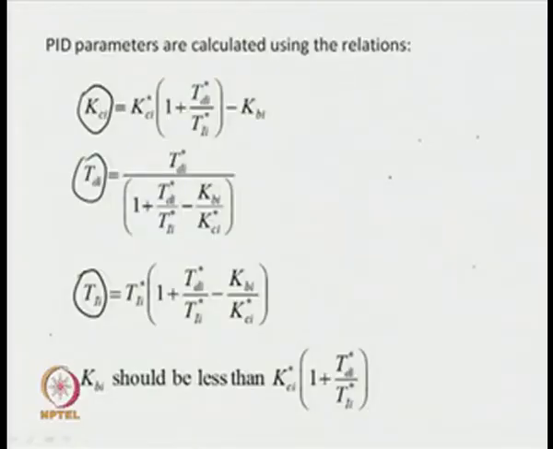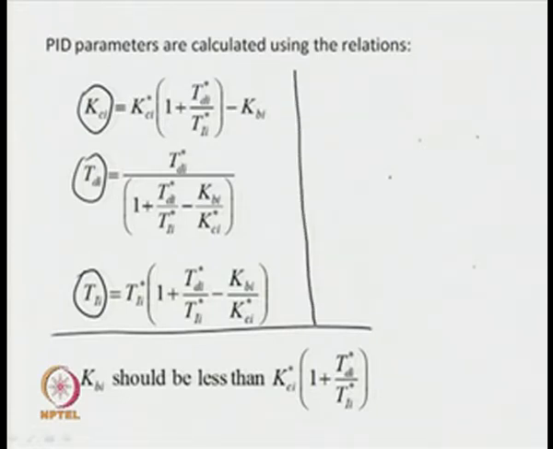Now, what one can observe from these relations is that Kbi should be less than this term, otherwise what will happen? Kci will be negative.